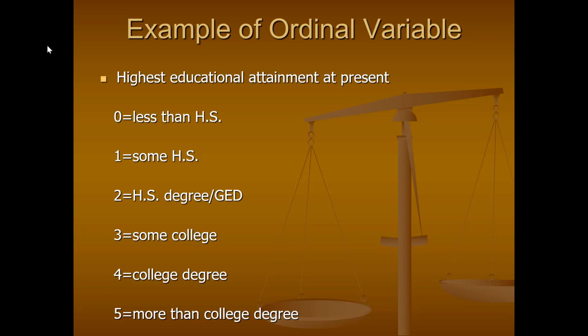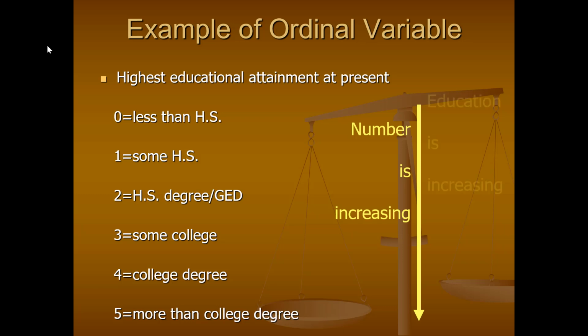But if we look at the numbers that stand in for those categories, we see that as the number is increasing, going from 0 to 5, education is increasing. Level of attainment of education is increasing. Okay, so we have a little bit more information than a variable at the nominal level.